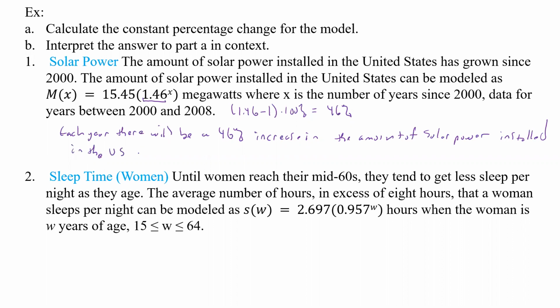Okay, and that's basically what it is, and it's for the years between 2000 and 2008. So it's going to be that increase over that period of time for each year.